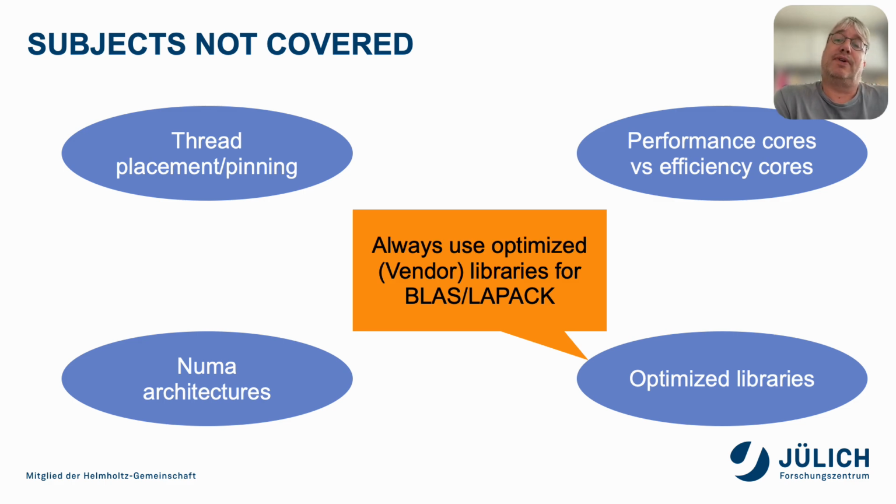You really have to provide these, and you should provide not something self-compiled just from the reference source, but you really should try to get an efficient version here. And if you don't have anything from your vendor, probably something like OpenBLAS might be a good starting point.